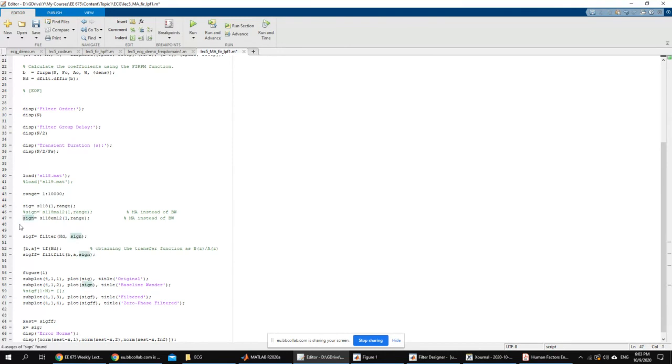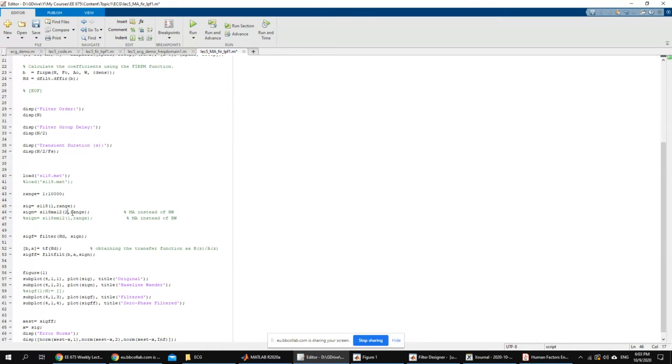Maybe I can show it to you before I get into the other type. Here you have 2 signals for each one of the signal types. First of all, you have S118, a patient, and S119 is a different patient. So I can have signal number 2 here. This is the second signal.